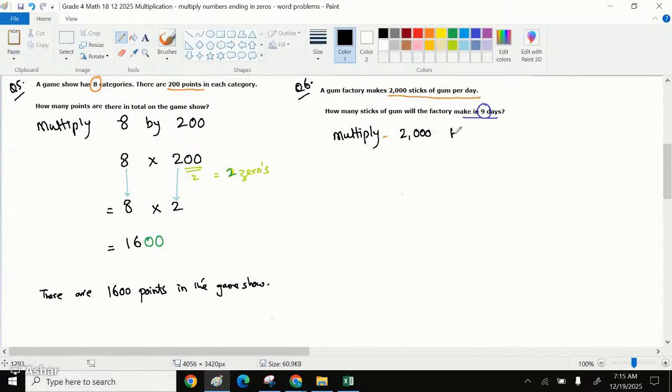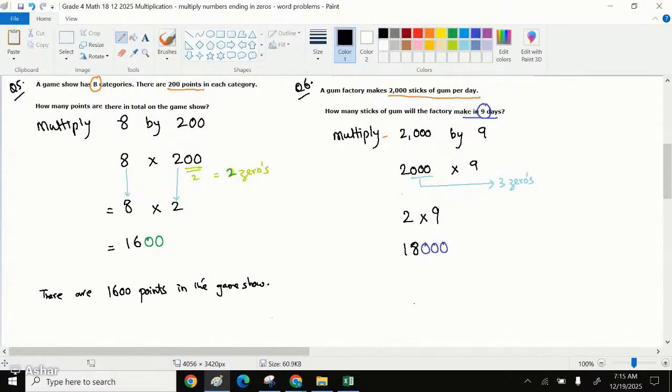2000 by 9. When we multiply 2000 by 9, we count the number of zeros. We can say there are 3 zeros, and 2 multiplied by 9 is 18, and we add the 3 zeros over here.